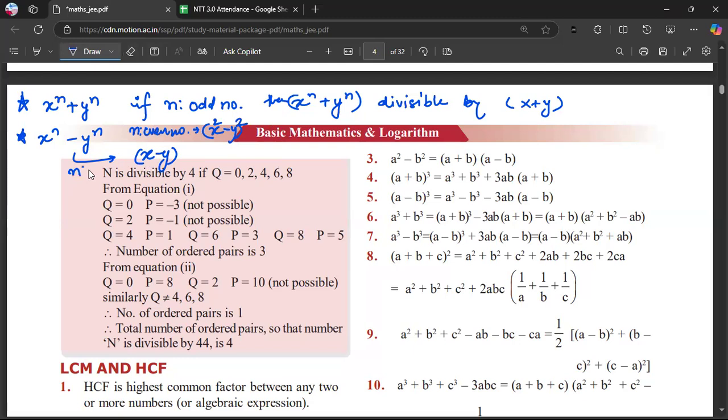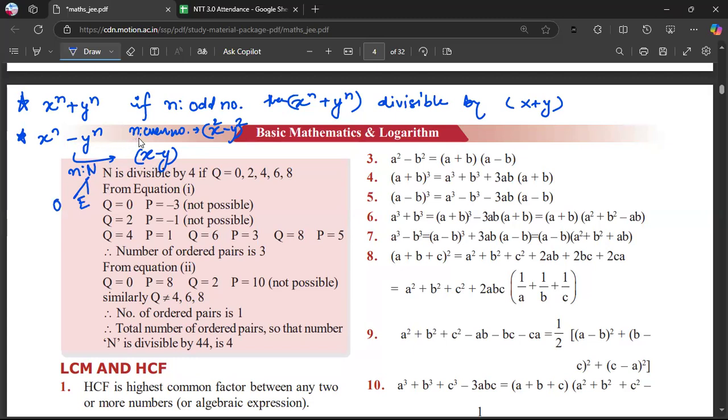And if n is a natural number, we can also understand it if there is x raised to power n minus y raised to power n, simple, then definitely it will be divisible by x minus y. N is a natural number, which includes both odd and even.